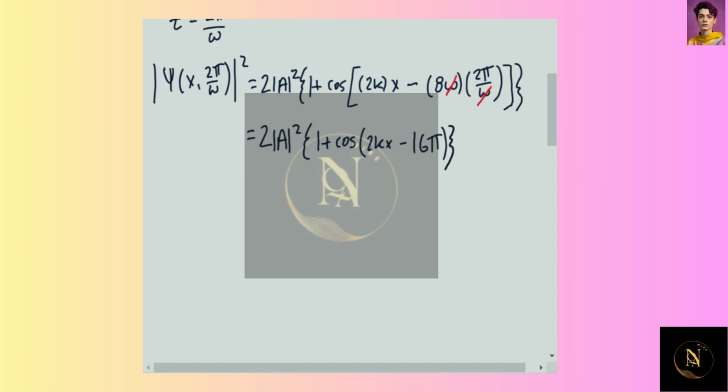And the question is asking, when is our probability distribution function going to be a maximum? Well, this is going to be a maximum when cosine is equal to 1. So now we want to do a side equation where we find when cosine will be equal to 1.